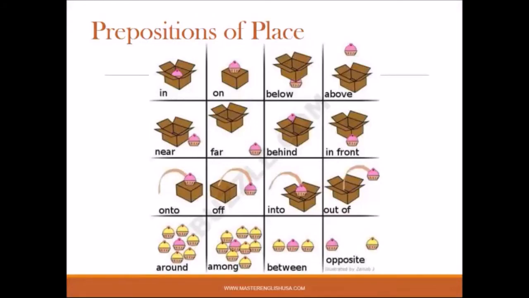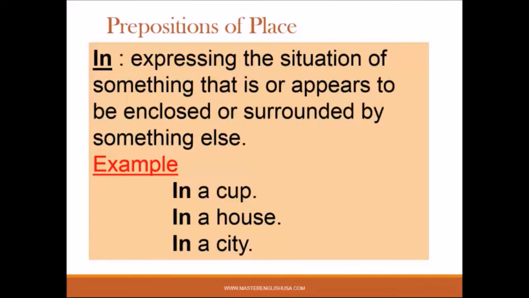We have in, on, below, above, near, far, behind, in front, onto, off, into, out of, around, among, between, and opposite. Let's take a look at these different prepositions of place.